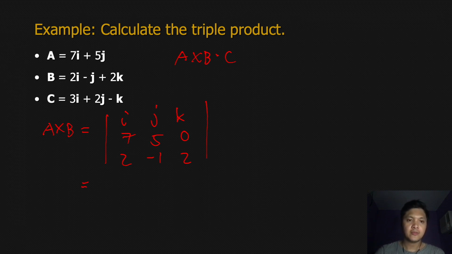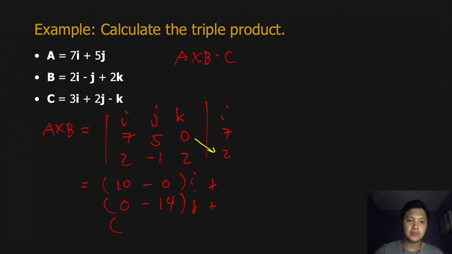So therefore, let's get this first, i. So 5 and 2 is 10, and then 0, so minus 0, plus 10 i. Then j: 0 and 2 is 0, and then 7 and 2, so that's minus 14 j.